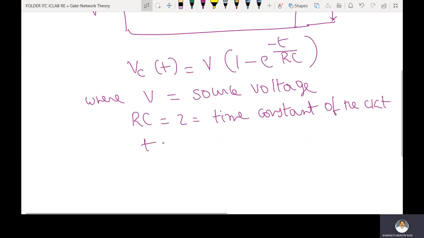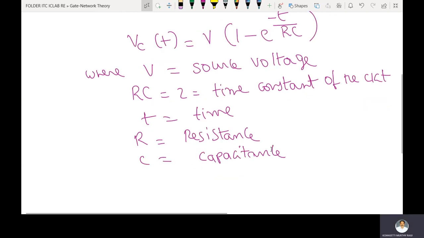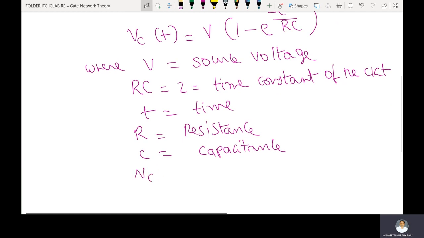t is time. R is resistance. C is capacitance. Vc of t is the instantaneous voltage across the capacitor.